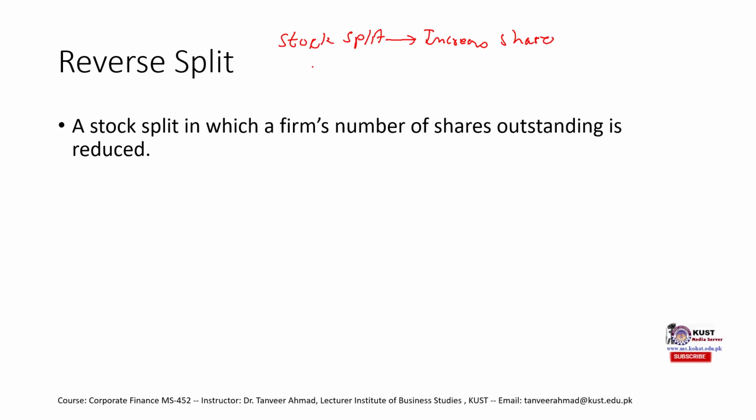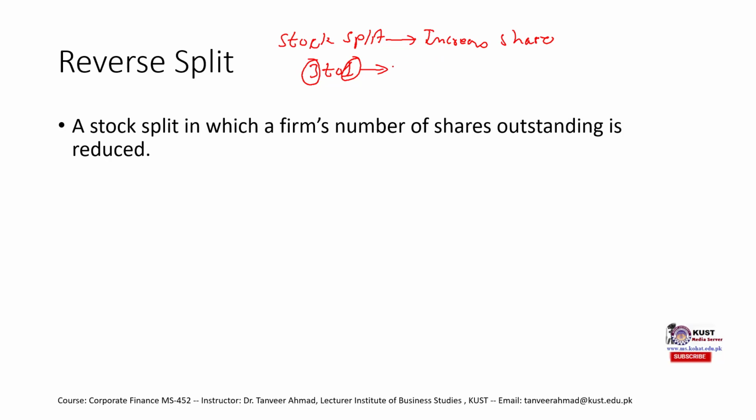For example, if we say 3-to-1 stock split, then it would mean that any shareholder holding one old share would now receive 3 new shares. So any shareholder previously holding 1 share would now have 3 total shares. So obviously when that happens, the number of outstanding shares would increase.